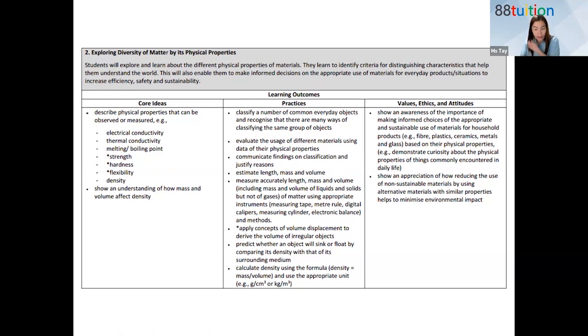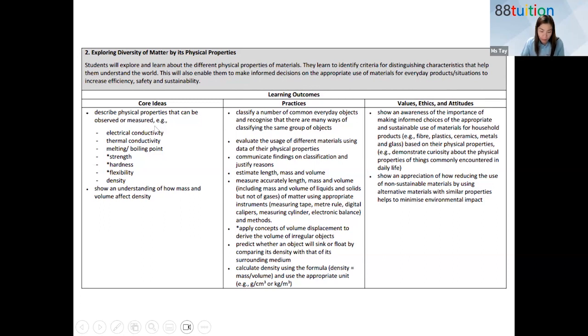So you have to identify criteria, okay, to distinguish characteristics that help you to understand the world around you. Then you are going to be able to make choices on the appropriate materials for everyday products. Okay, then look at the learning outcomes here. Right, so the core idea is actually this.